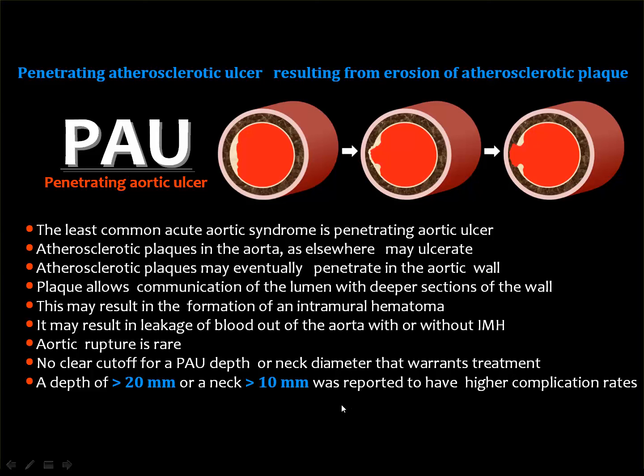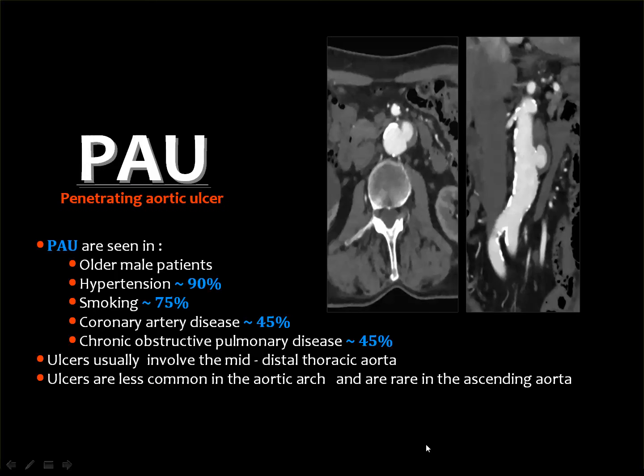Then actually, according to the literature, there is no clear cutoff for penetrating aortic ulcer depth or neck that warrants treatment. But in general, a depth of more than 2 centimeters and a neck of more than 1 centimeter are reported to have higher complication rates.